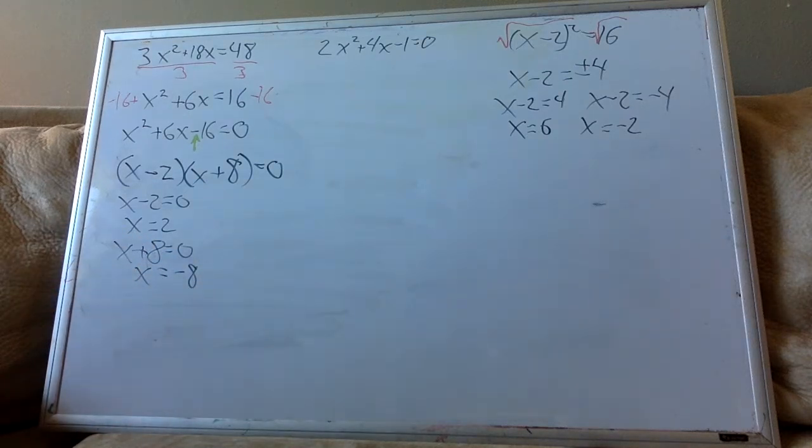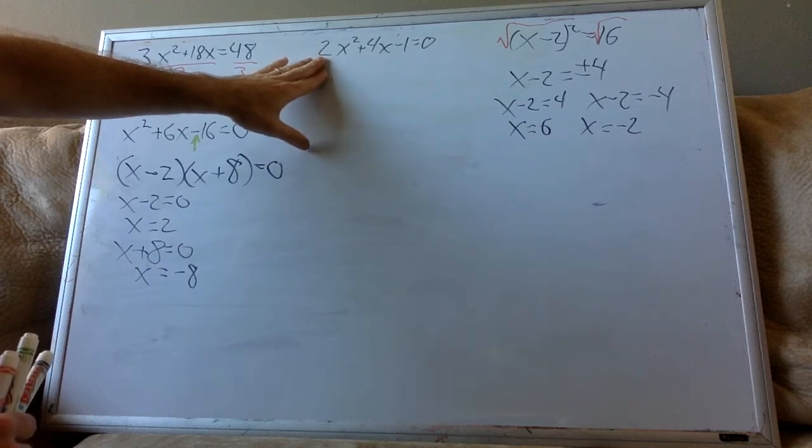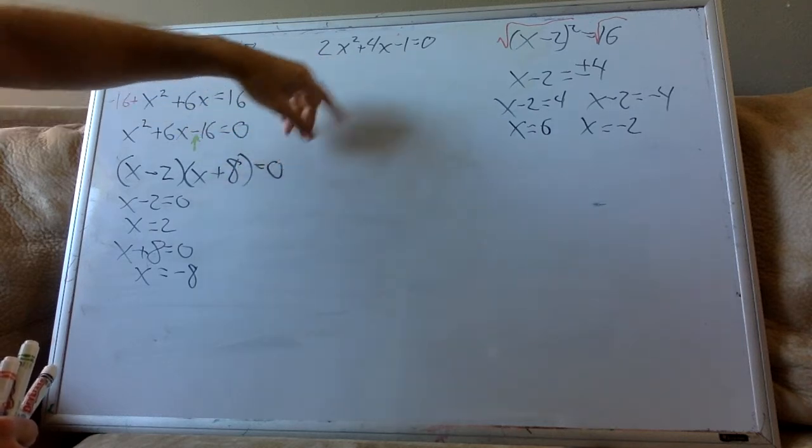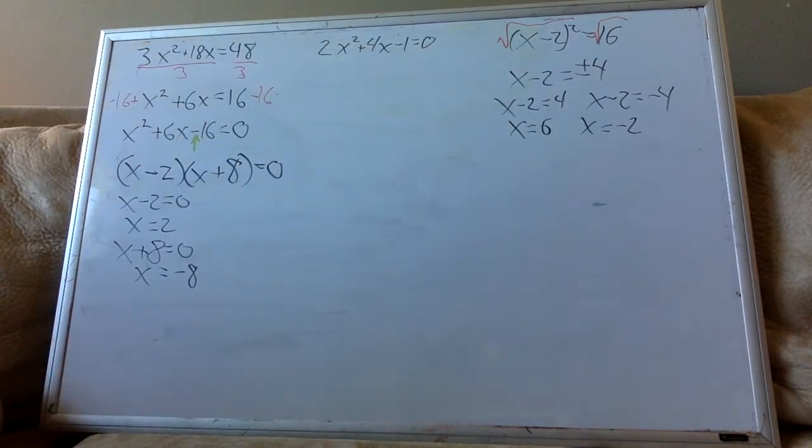Alright. Now for the middle, we're going to complete the square. There are two first steps that I could take, and it doesn't matter the order. One of them is to simplify our leading coefficient, so we'll divide by 2. The other is to move our constant term to the other side.